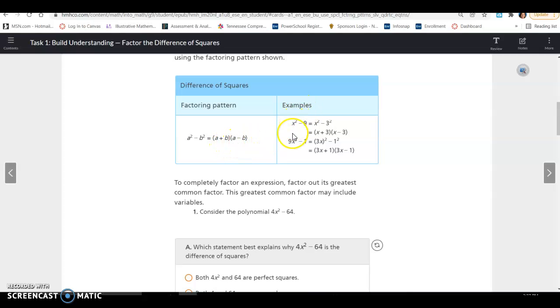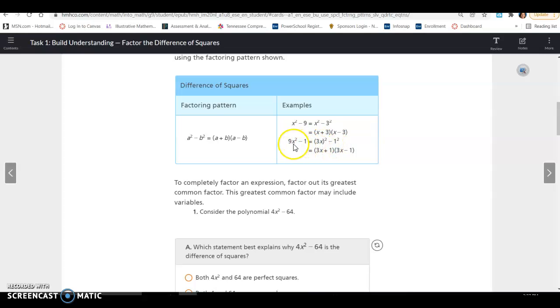Okay? So here's some examples. X squared minus 9. X squared is a perfect square, x times x, and then 9 is a perfect square because 3 times 3, or 3 squared, is 9. All right, so that means you could rewrite this as x plus 3 and x minus 3, and that is x squared minus 9, okay? 9x squared minus 1, 3x squared, this does have to be in parentheses because 3 squared and x squared produces 9x squared, and then 1 squared is just 1.